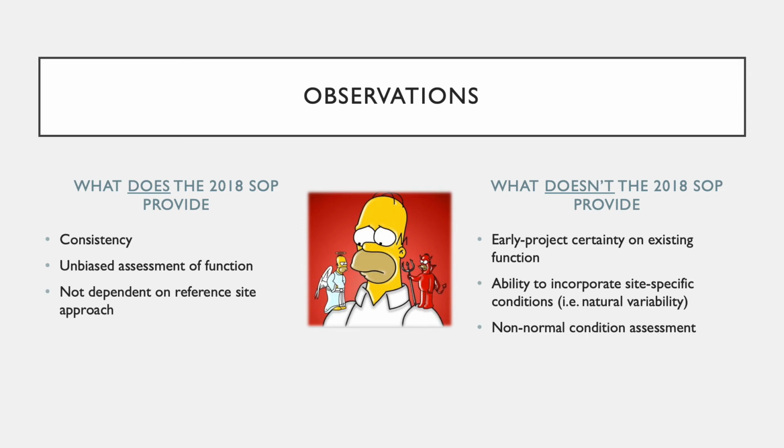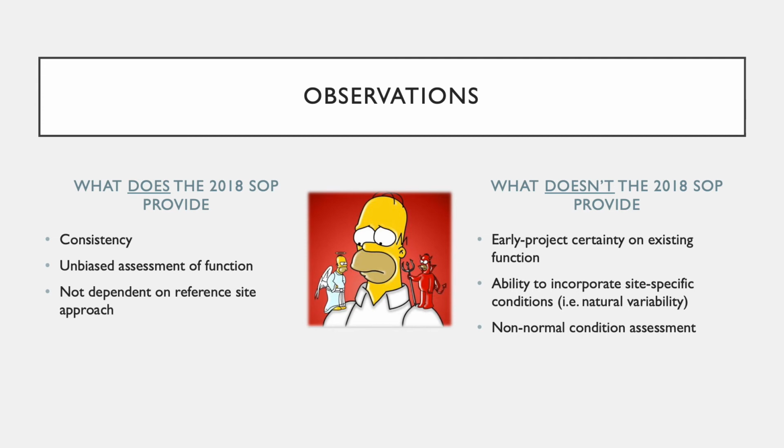So I think what we've gotten to is we have a standardized metric for evaluating wetland function. It's based upon a lot of science that's gone into the HGM and then even state-specific refining of that HGM as a part of the 2018 SOP.